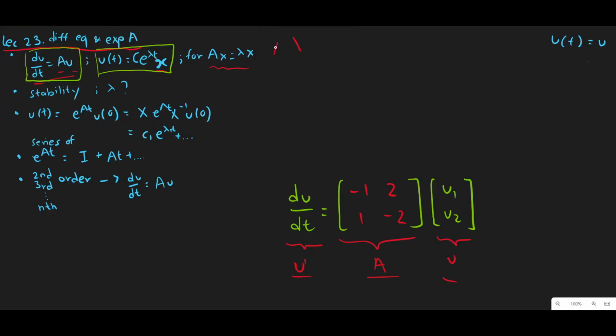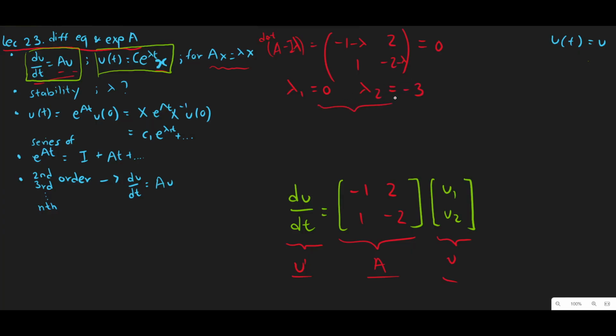We'll do the usual case here: the determinant of A minus lambda I is equal to 0. If you do the operation, I'm going to skip here to speed up a little bit, you will have the eigenvalue 1 is 0 and eigenvalue 2 is -3.